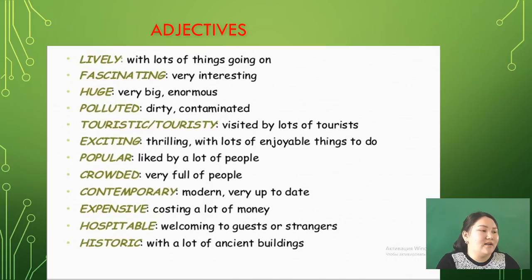Next, touristic and touristy. It means visited by lots of tourists. Exciting. Exciting means thrilling with lots of enjoyable things to do. Popular. Liked by a lot of people.